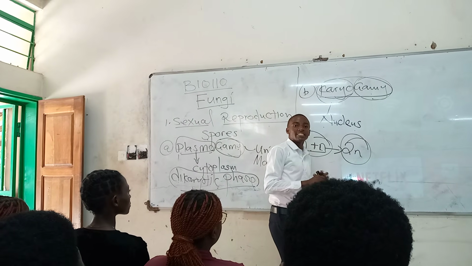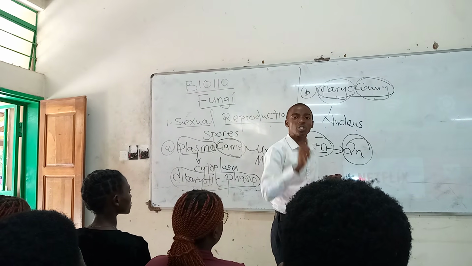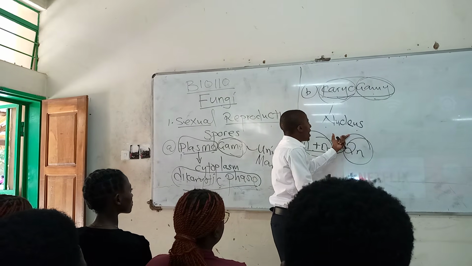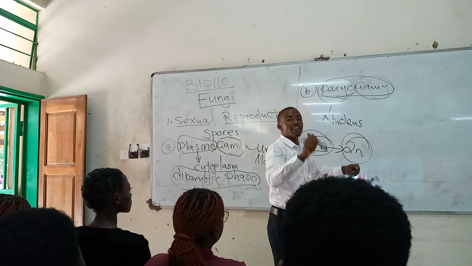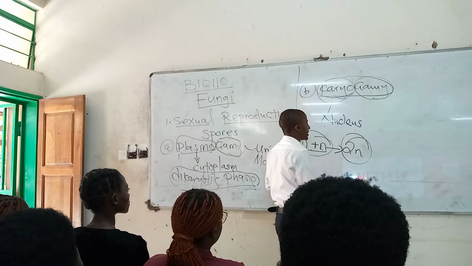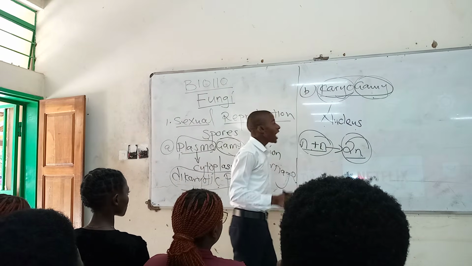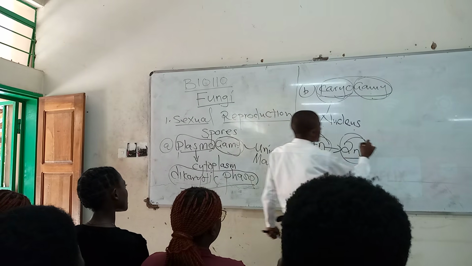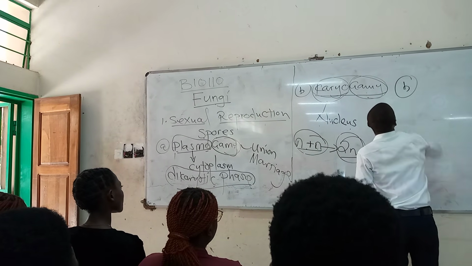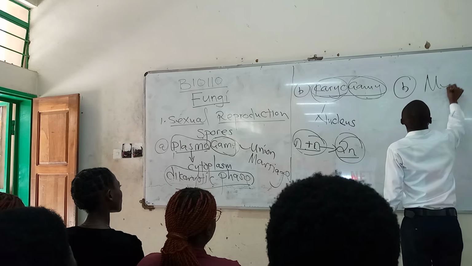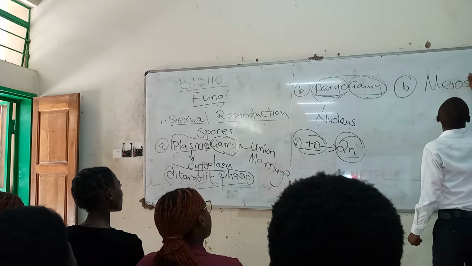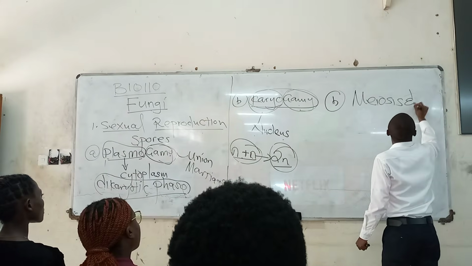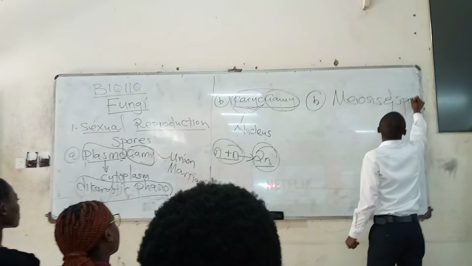A zygote is just an organism that is formed when the male nucleus combines with the female nucleus. Is it making sense? Now, after that, what you should understand is that the last process is called meiosis and spore formation.